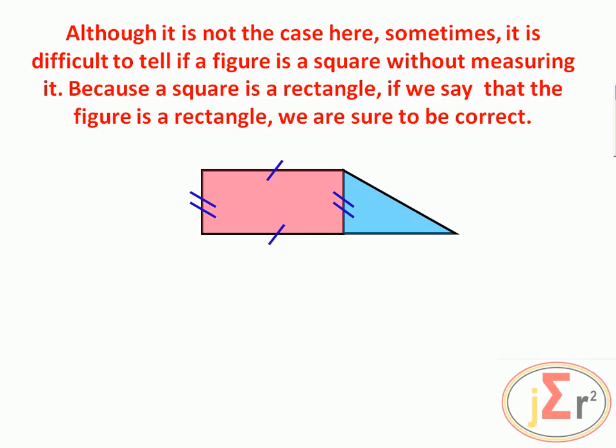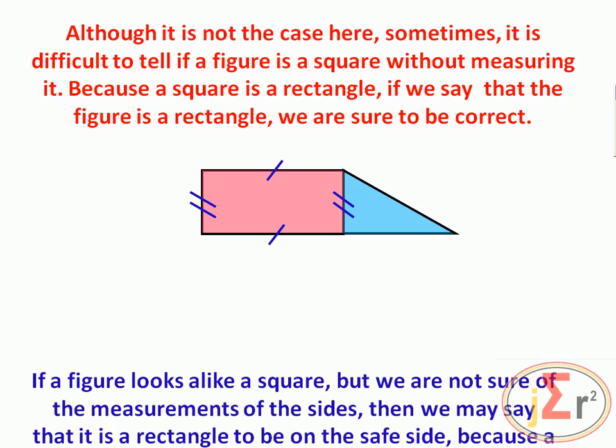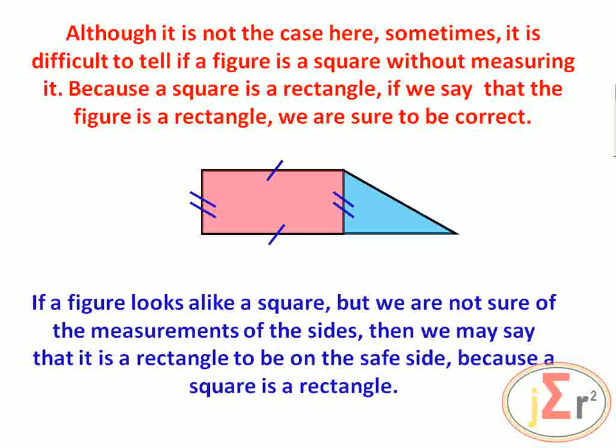If not, then we have to say that it is a rectangle. But if we say it is a rectangle and it is really a square, we are not incorrect. If a figure looks like a square, but we are not sure of the measurements of the sides, then we may say that it is a rectangle to be on the safe side, because a square is a rectangle. Is a rectangle necessarily a square? No. Okay.